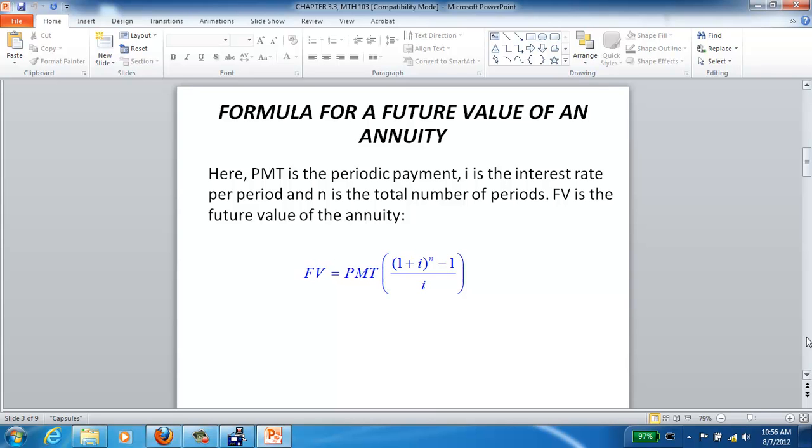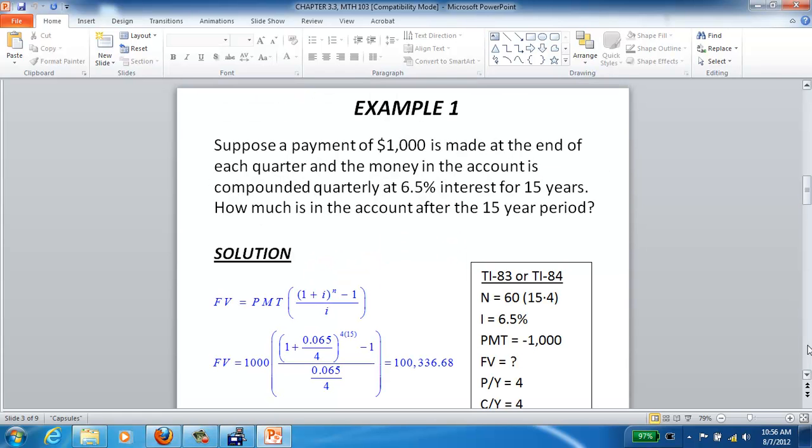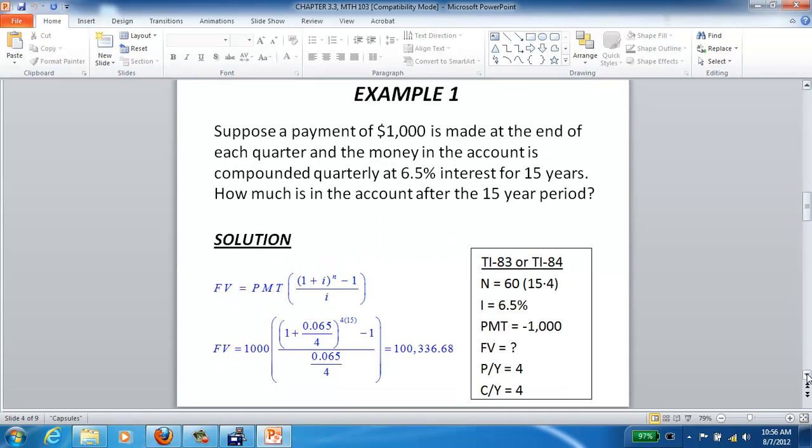Once more, if it's quarterly and it's 5 years, you multiply 4 times 5, 20. And the i in the denominator will also be the interest rate. Now, you don't have to use the formula because we will see how to use the graphing calculator. So let's see this example.